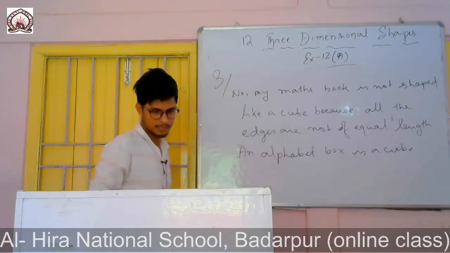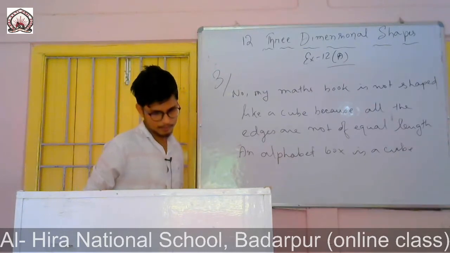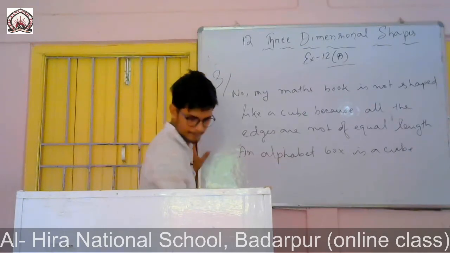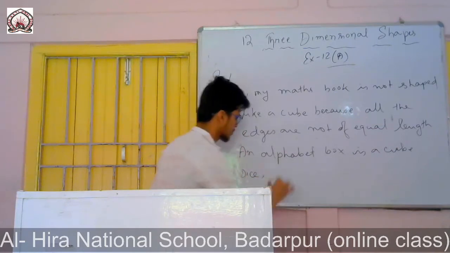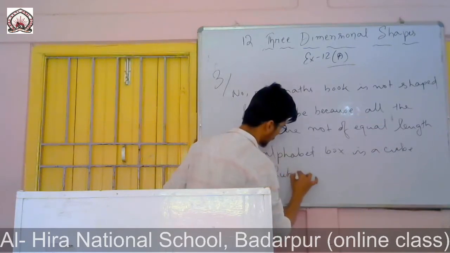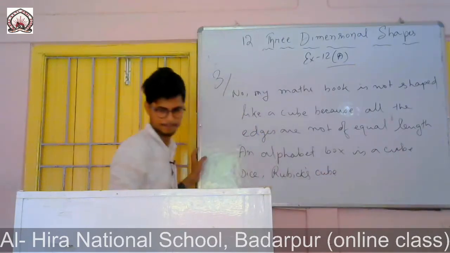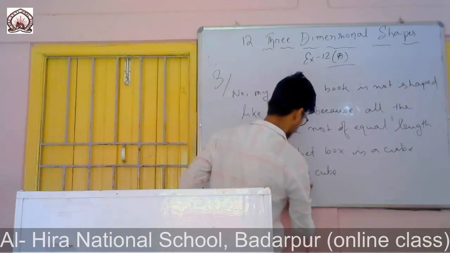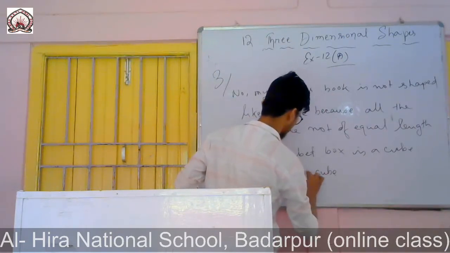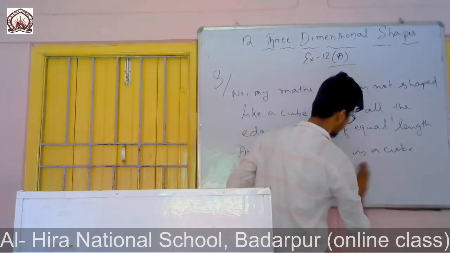So you write, again you para change and you write dice, Rubik's cube and ice cube.